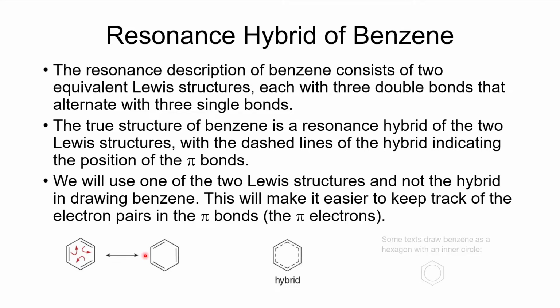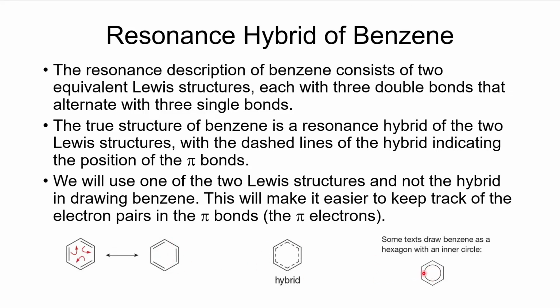In some textbooks, you will see an image that looks like this, and this is a variation of the hybrid structure. It represents that all carbon-carbon bonds have equal length, but again, it has the same problem that the hybrid structure has, in that it's not a legitimate Lewis structure, and it doesn't tell us how many electrons are actually in the pi bonds.